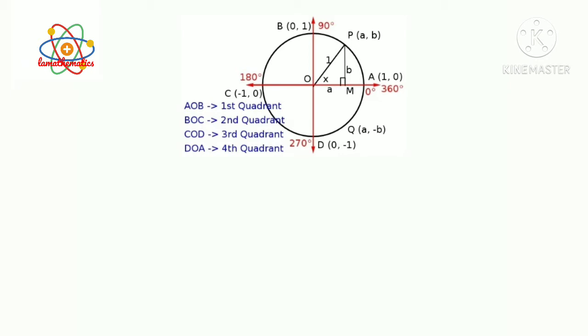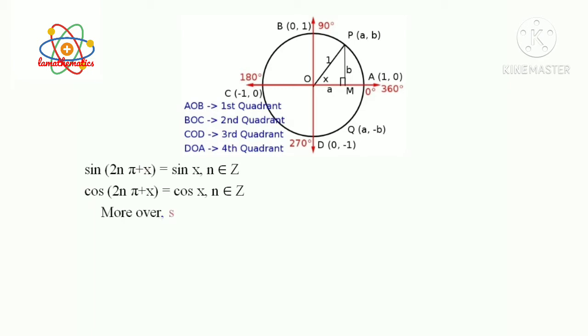Similarly, in the case of sine function also. Hence, we can write sin of 2n pi plus x equal to sin x, n belongs to set of integers. Similarly, cos of 2n pi plus x equal to cos x, n belongs to set of integers.